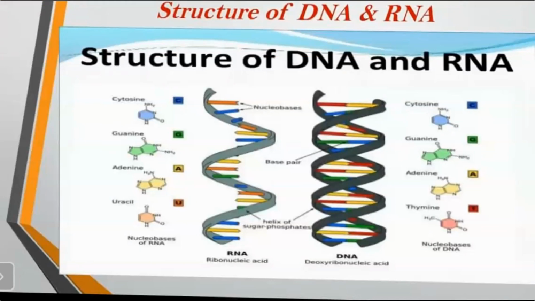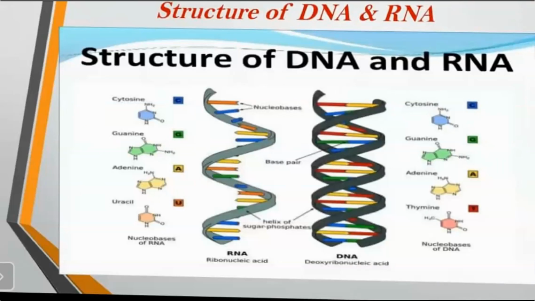Instead of thymine, in RNA there is the presence of uracil. So the nucleotide, the smallest unit of the chain of the RNA molecule, is formed by the combination of ribose sugar, phosphate molecule, and one of the nitrogenous bases. A large number of nucleotides are bonded together to form the macromolecule of RNA.